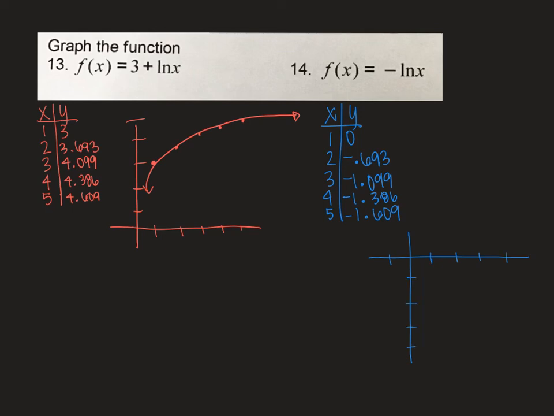And then I'm just going to plot my points. So when I connect my points, it's going to be the same kind of curve. It's just going to be going the opposite direction. It's just going to be flipped over the x-axis.